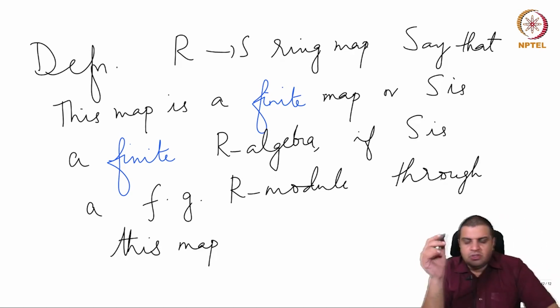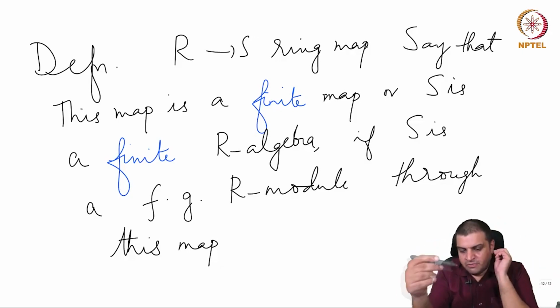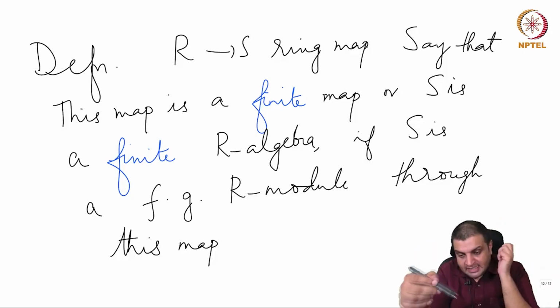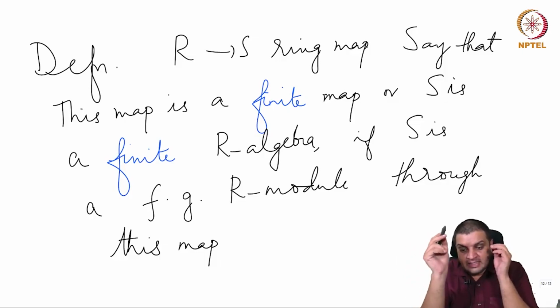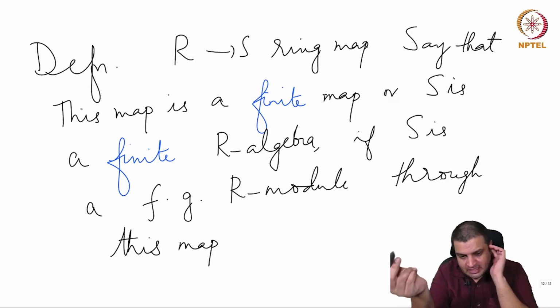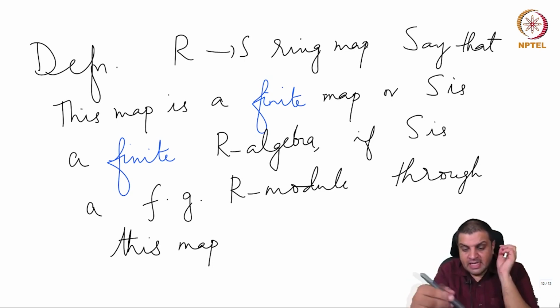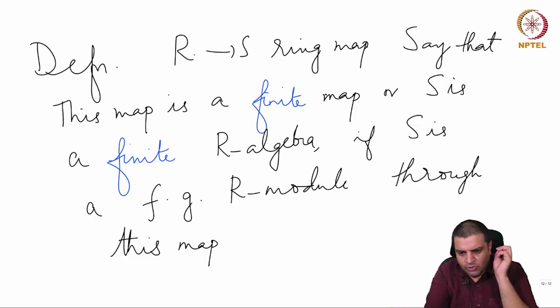Okay, so the terminology is a little confusing. We talk about finite R-algebras and finite type R-algebras. Finite type is as an algebra it is finitely generated. Finite is as a module it is finitely generated. Okay. And any algebra has a module structure through this map.